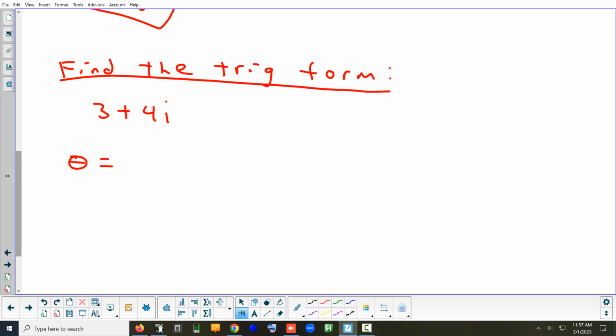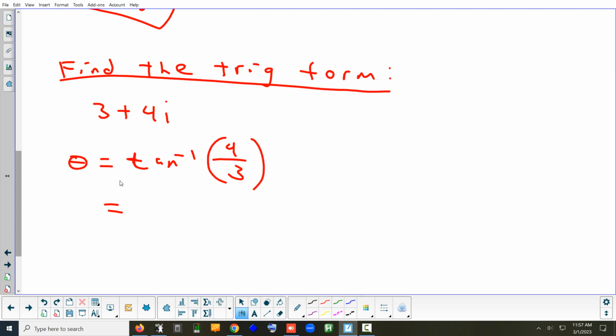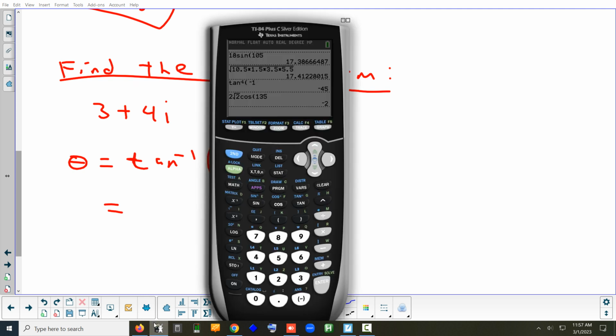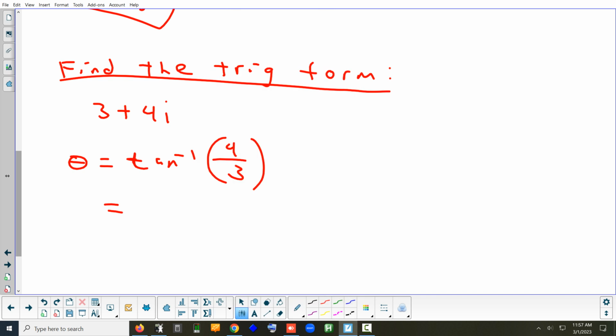Inverse tangent of y over x. And because we're in the first quadrant, I should have mentioned it, but do we need to add 180? No, not in the first quadrant, not in the fourth quadrant. So inverse tangent of 4/3 gives me 53.13. So there's my angle.